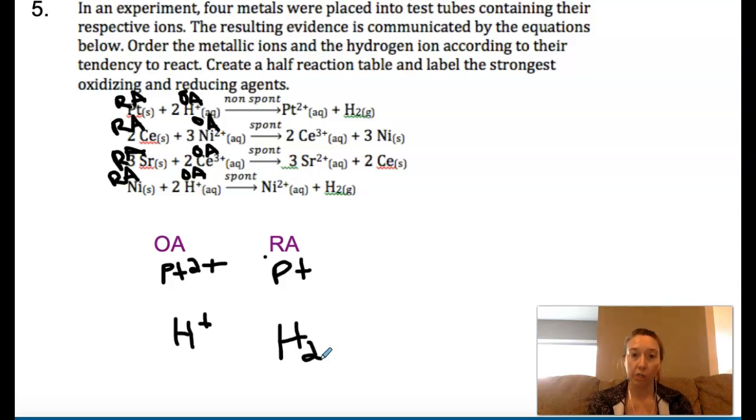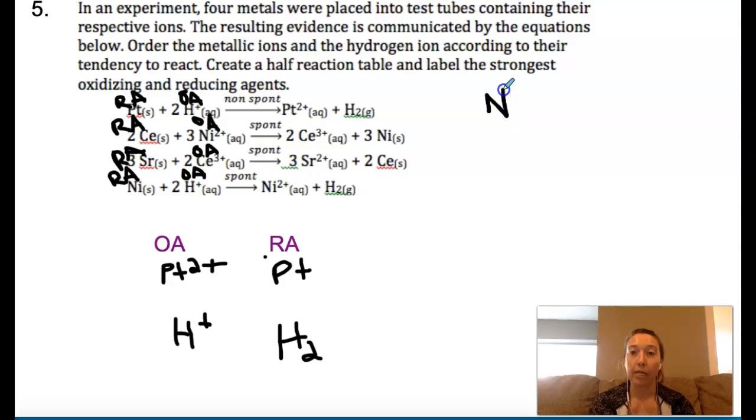Now we look at equation 2. So equation 2 had Ce and Ni. I can't really keep adding to this table because I don't know where they go with respect to those two. But what I can do is start a separate one somewhere else that hopefully I should be able to join them all together at the end. So now when we look at it, this one was spontaneous. Because this is spontaneous, that tells me that my OA is above my RA. So when I look at this, my nickel 2+ was my OA.